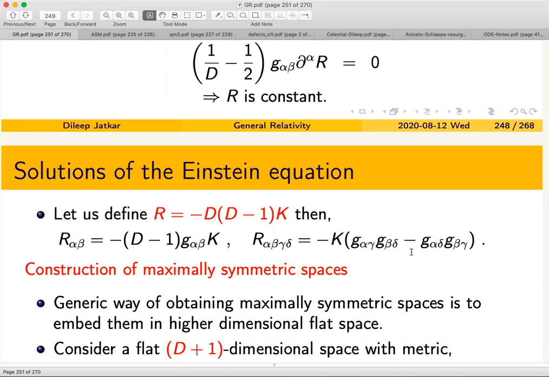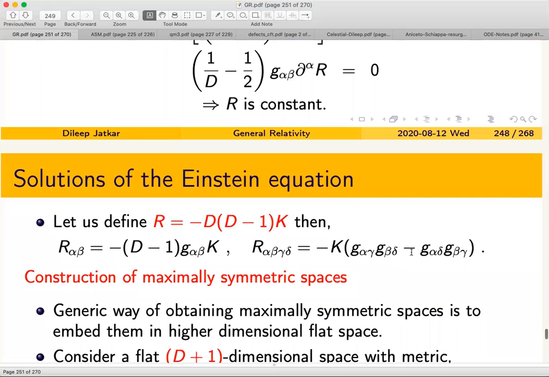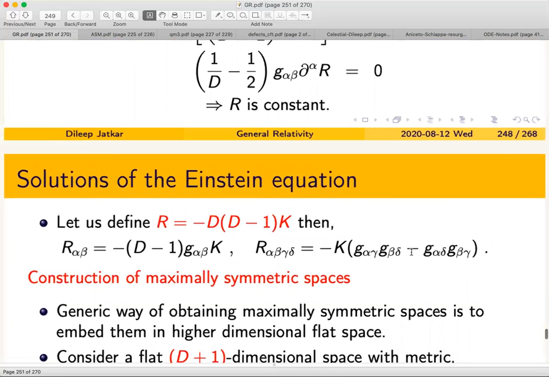Why a particular choice of minus in R, minus k? Well, this would help us in setting up, you'll see. We want k being positive to correspond to spherical geometries, and k being negative to correspond to hyperbolic geometries.